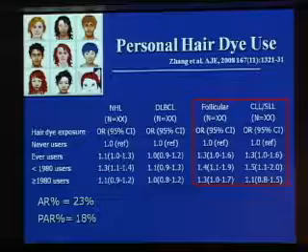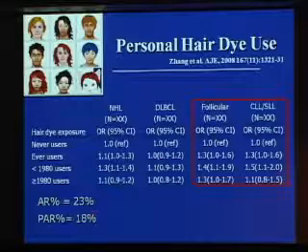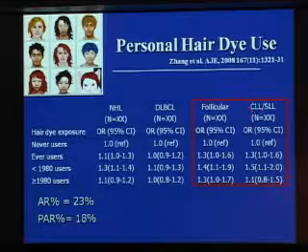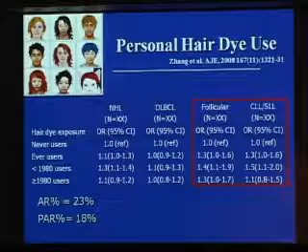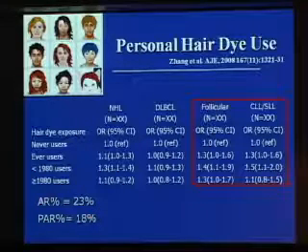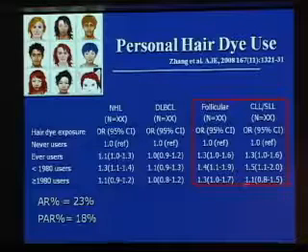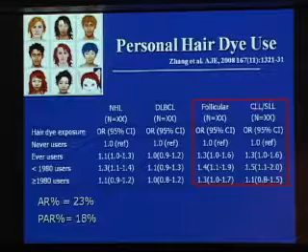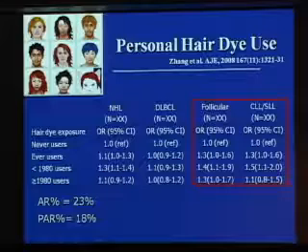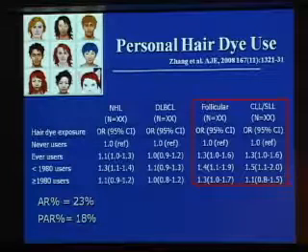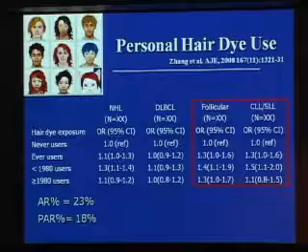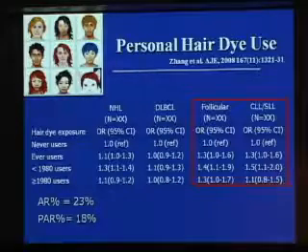If personal hair dye use is a cause of follicular lymphoma, then in the general population 18% of follicular lymphoma or CLL/SLL would be attributable to personal hair dye use. That's the interpretation of this population attributable risk percentage.